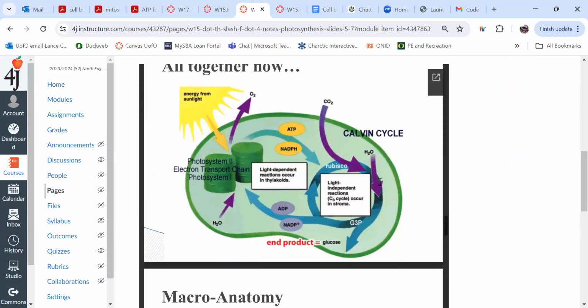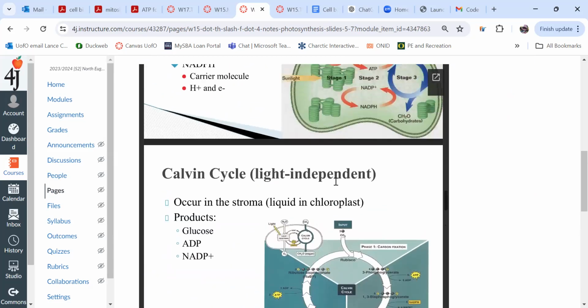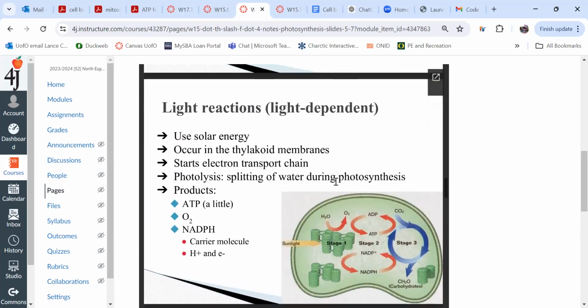Let's take a look at the slide. This is for light-dependent reaction. So we have sunlight, you have H2O, you have this ADP, ATP cycle here. Oh, and you got CO2 coming in on stage 3. And you got this cycle with NADPH and NADP+.